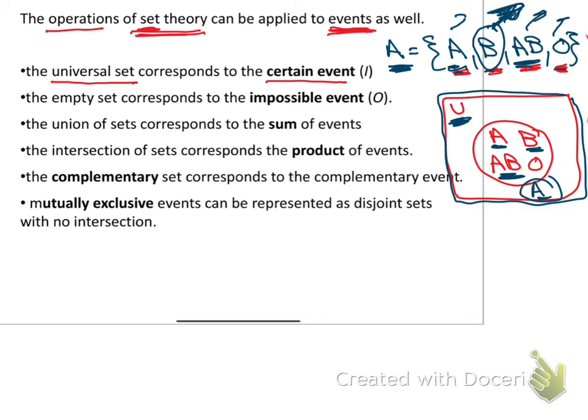So if I'm taking my full universal set, it should be 100%. The universal set covers everything within it, and set A is part of the universal set. So anything within set A will be part of the universal set. The possibility that if I withdraw something from set A it will be part of the universal set is 100%, because the universal set is everything.